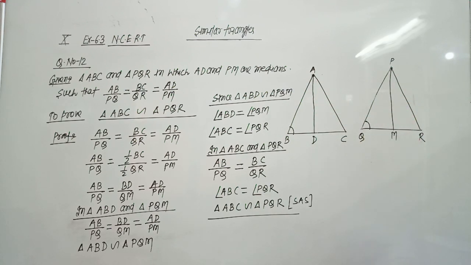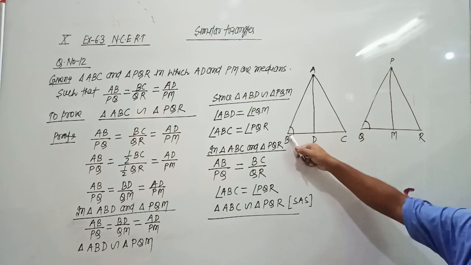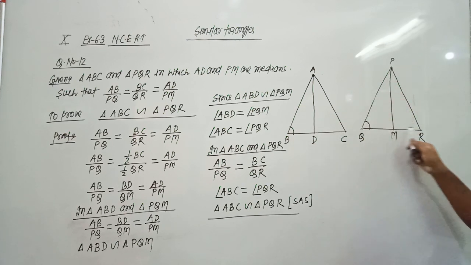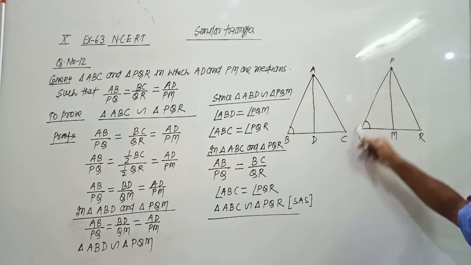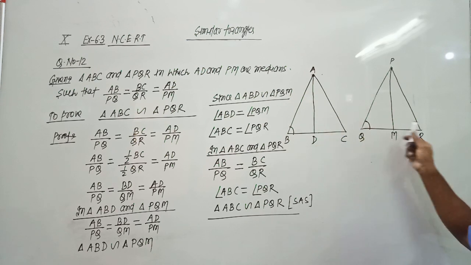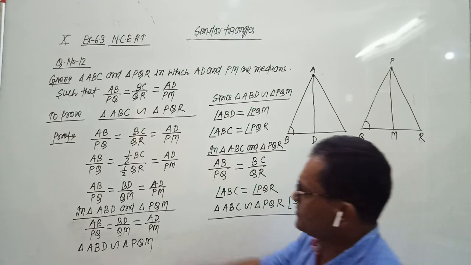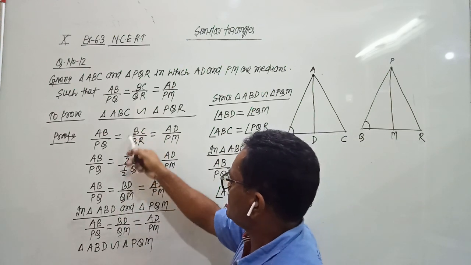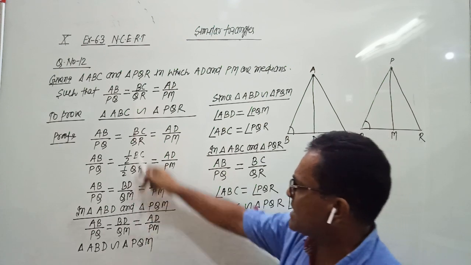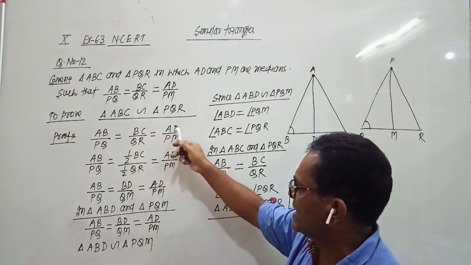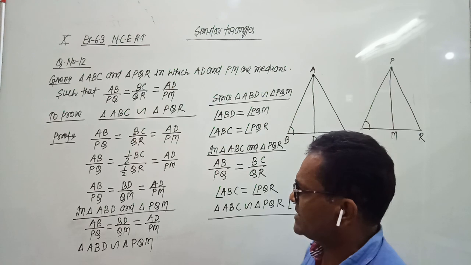We have to prove that triangle ABC is similar to triangle PQR. So AB upon PQ as it is, and if BC and QR are multiplied by 1 by 2, it becomes half BC upon half QR, and AD upon PM as it is.